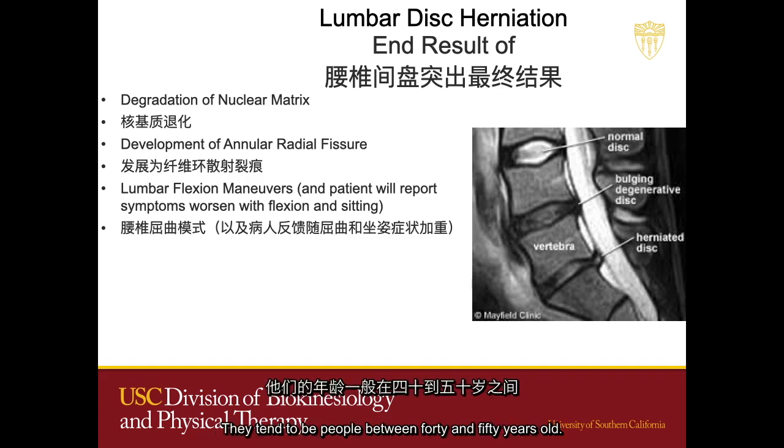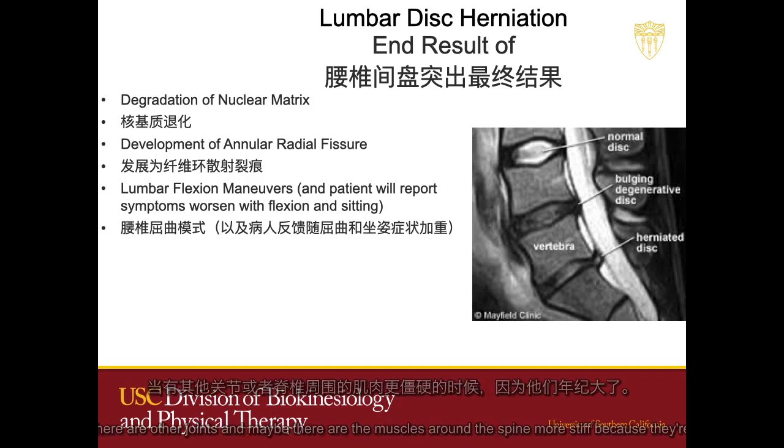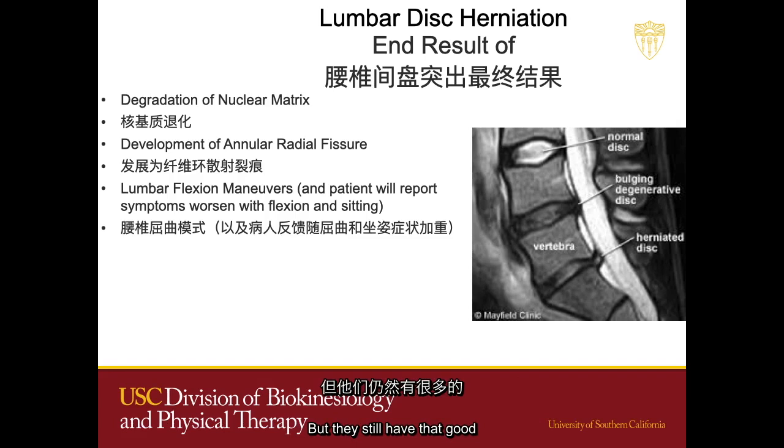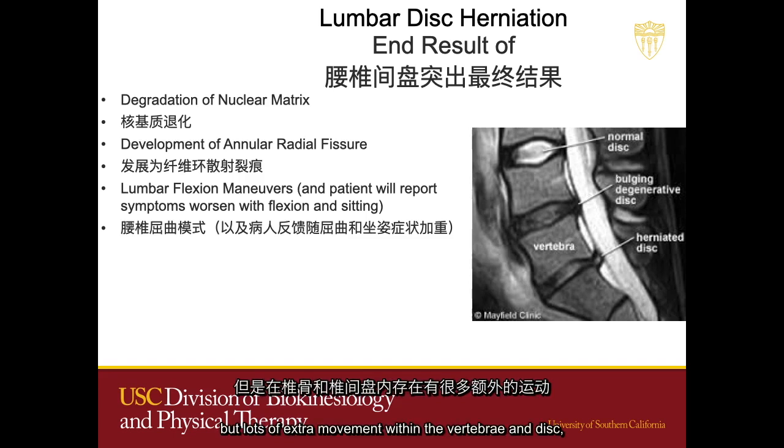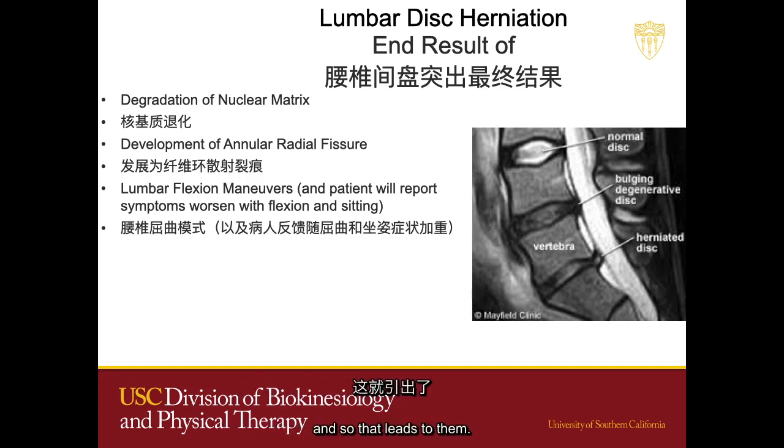They tend to be people between 40 and 50 years old, where their other joints and maybe the muscles around the spine are more stiff because they're older, but they still have that good fluid within the nucleus. Unfortunately, that can then lead to decreased movement around the vertebrae and the disc, but lots of extra movement within the vertebrae and disc, and so that leads to those disc herniations.